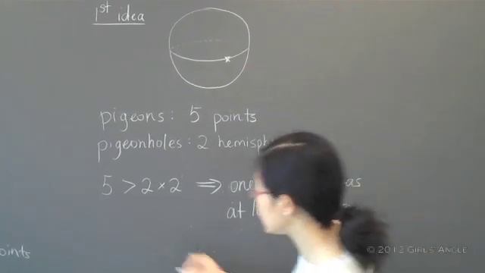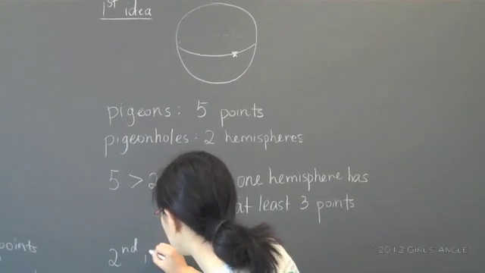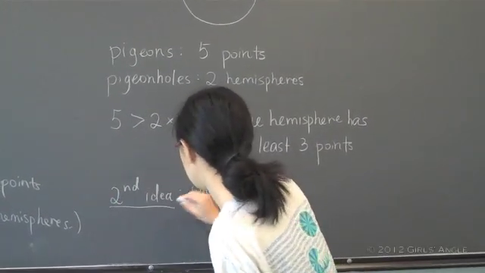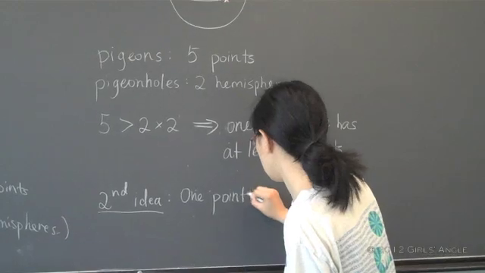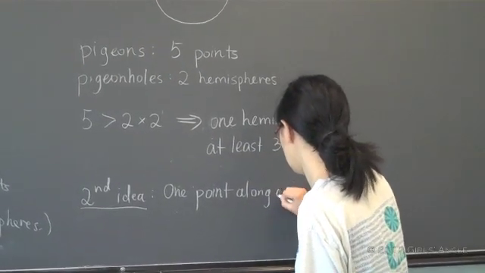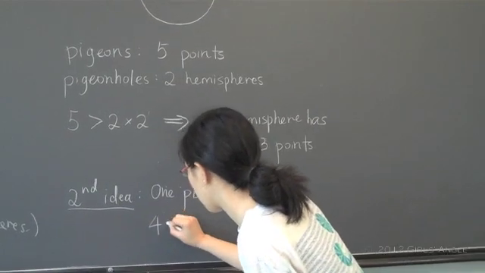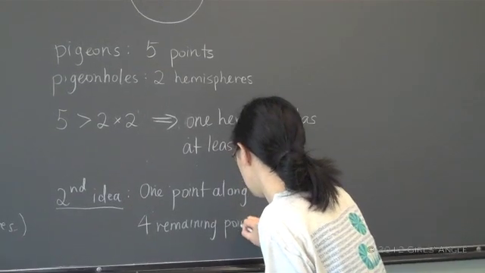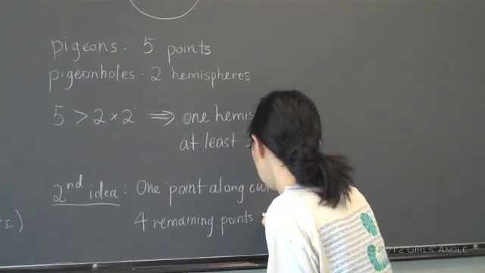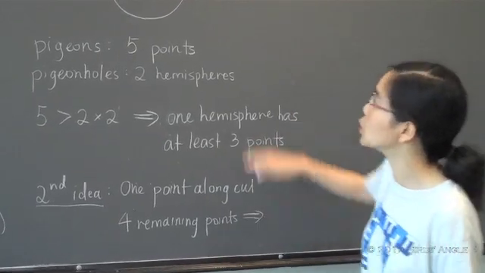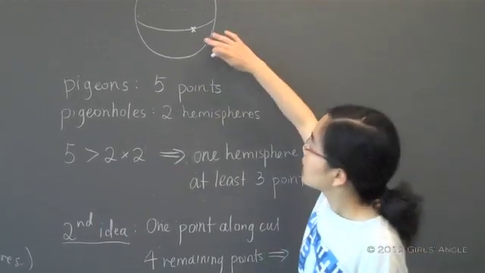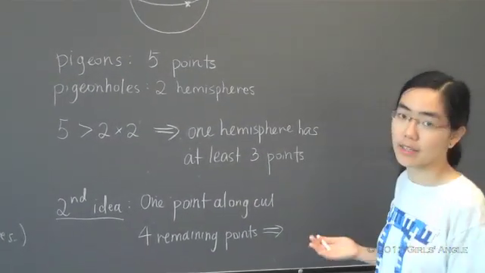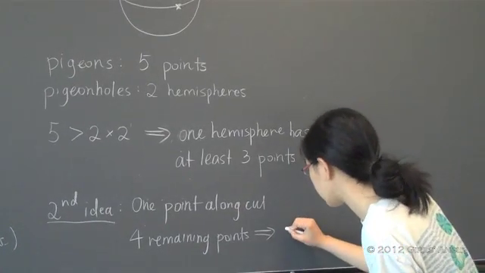We have 4 remaining points, so the best that we can conclude is that there would be at least 2 points on one of the hemispheres. Well, that only gives us a total of 3 points still, so that's not very good.